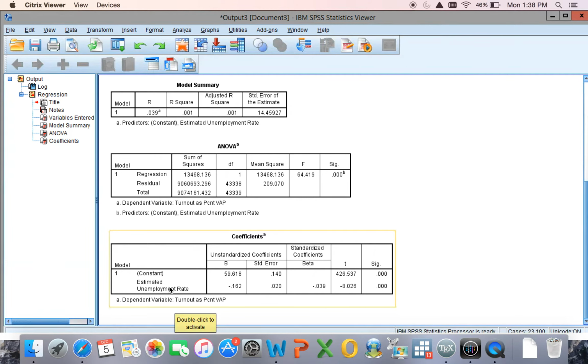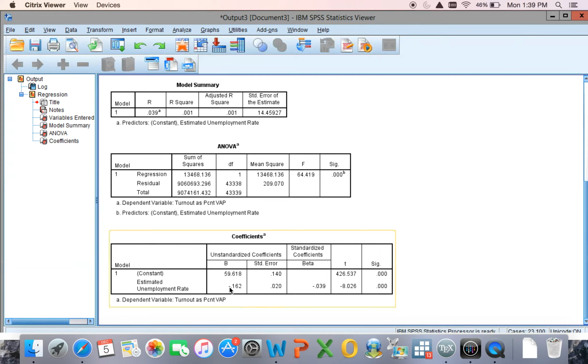The way to interpret the effect of the unemployment rate on turnout is that, on average, ceteris paribus, a 1 unit increase in the estimated unemployment rate leads to a 0.162 unit decrease in turnout, given the negative sign on the beta.